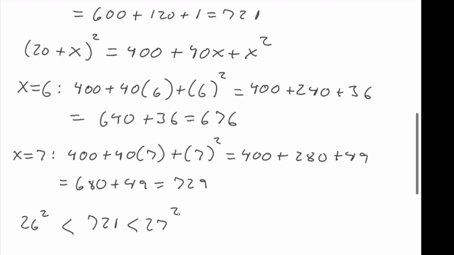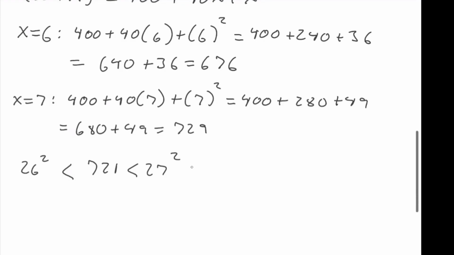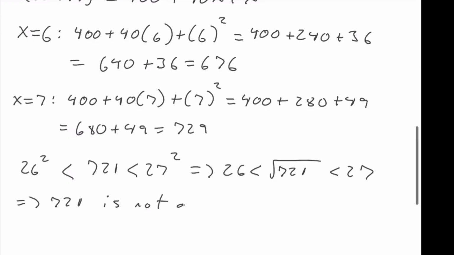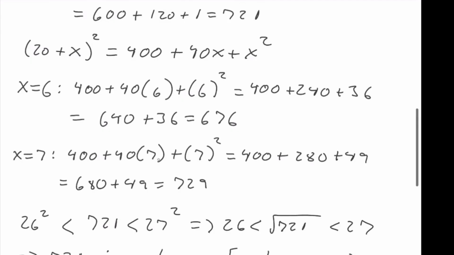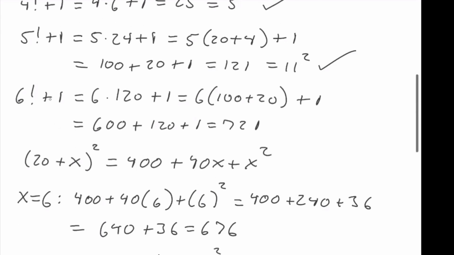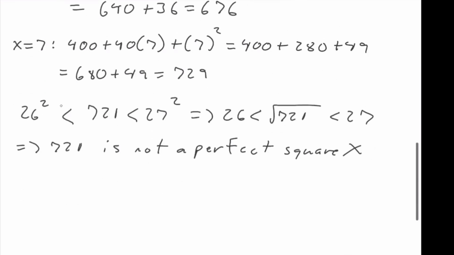So this implies that 26 is less than the square root of 721, which is less than 27. So this means 721 is not a perfect square, so that's an x. And 721 was what I got for 6 factorial plus 1, so I know 6 factorial plus 1 is not a perfect square.